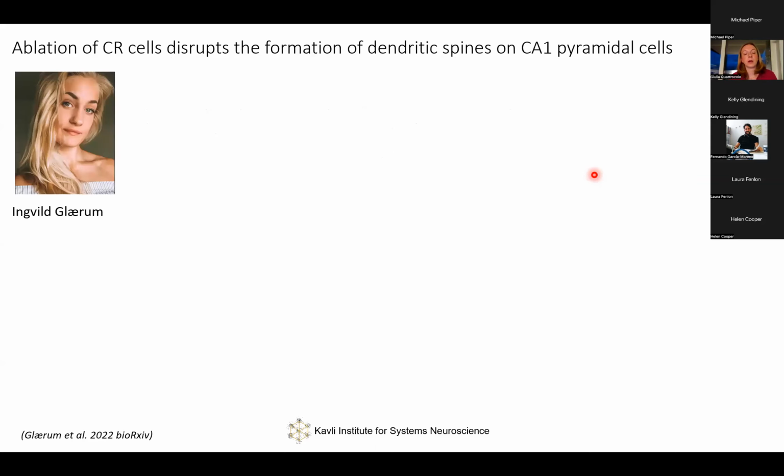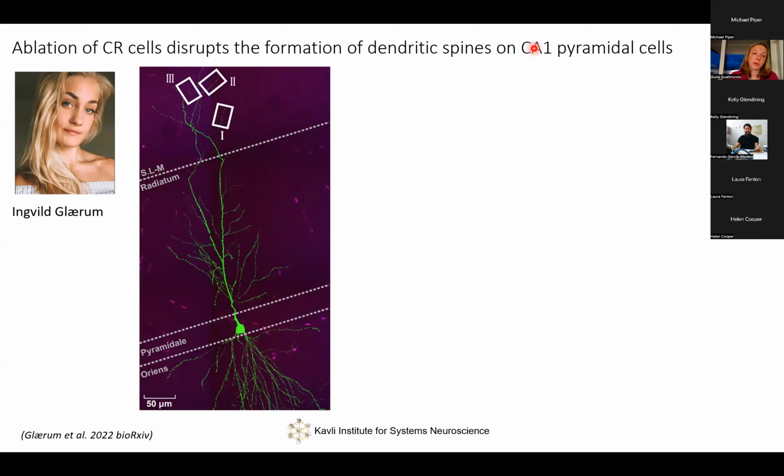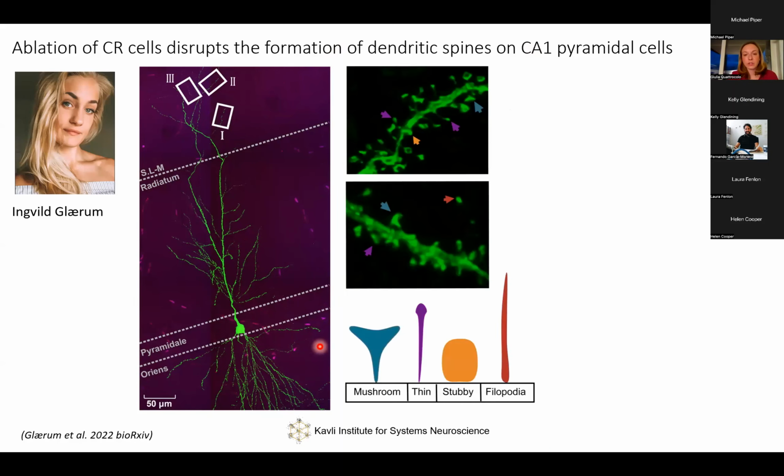So Ingrid Glarum first joined my group as a master's student, and she's now doing her PhD, and really took over this enormous task of imaging terminal dendrites in SLM, radiatum, and oriens from CA1, and counting and classifying spines into mushroom, thin, stubby, and filopodia. And for this talk, we will concentrate only on mushroom and thin spines.